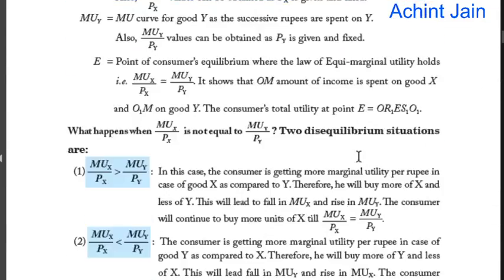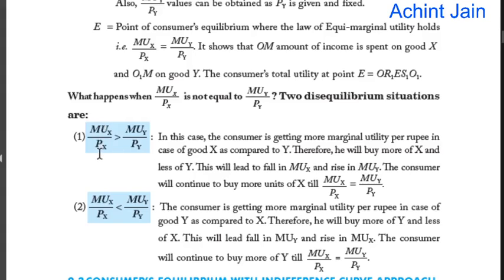Now, when MUx divided by Px is greater than MUy divided by Py, how can you reach the equilibrium situation? You need to decrease the consumption of the x product, and then automatically it will be equal to the y product.